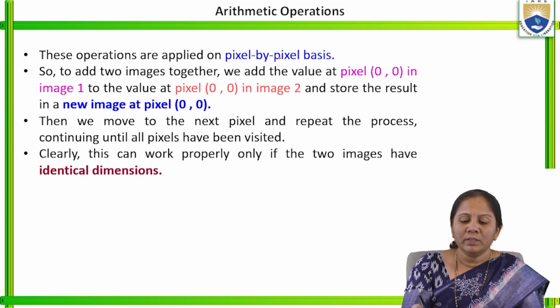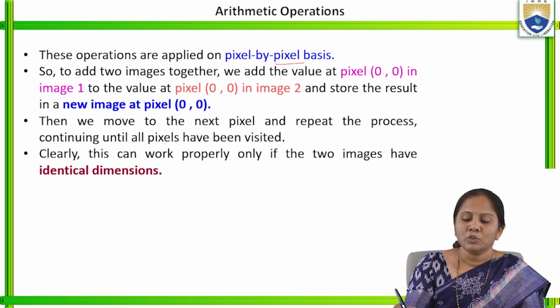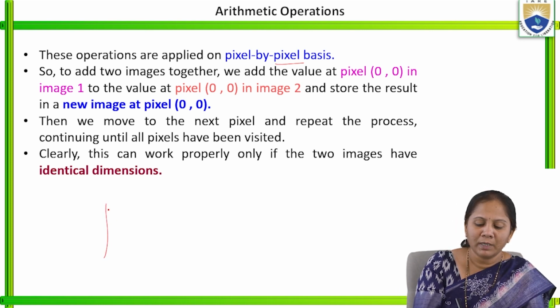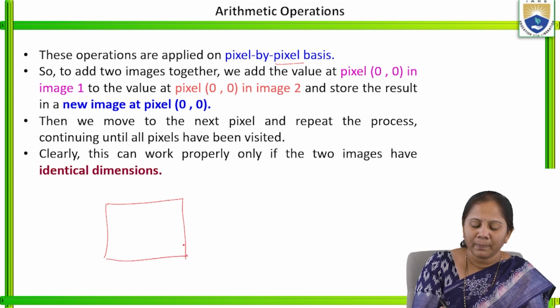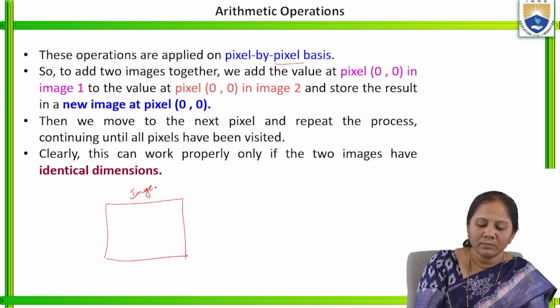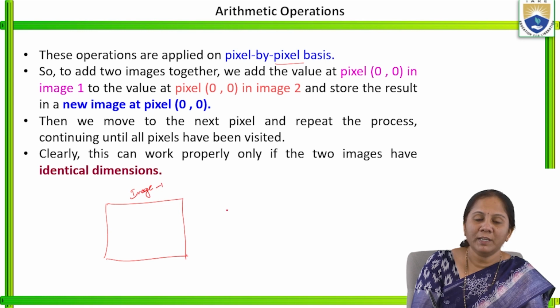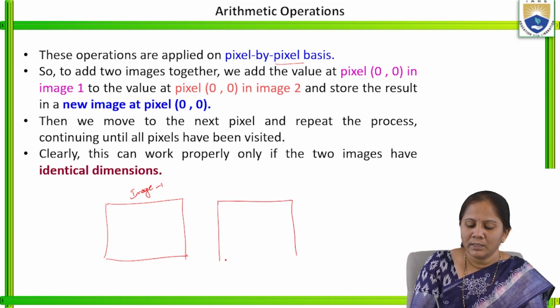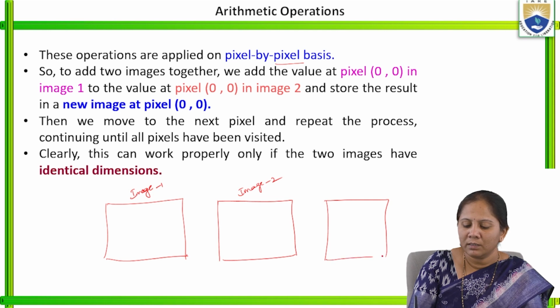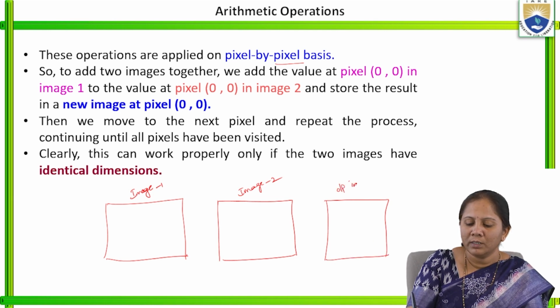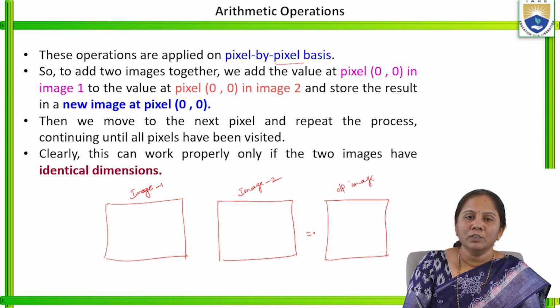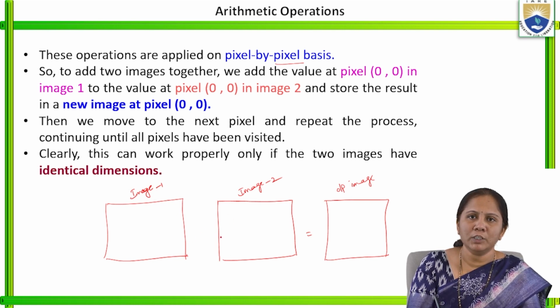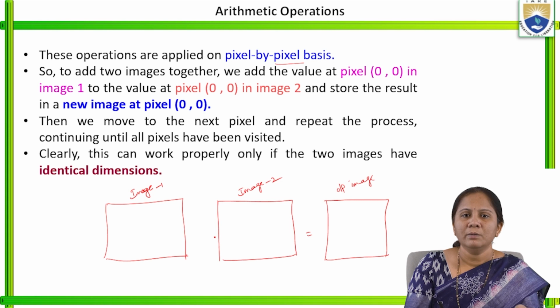These operations are applied on a pixel by pixel basis. Pixel by pixel basis means, for example, if we consider this is image 1 and this is image 2, and here this is the output image, the operation should be performed between these two images pixel by pixel.